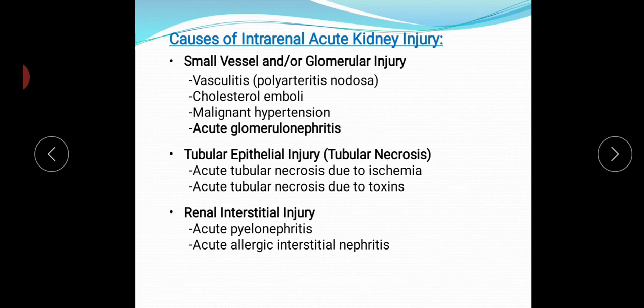The antibody and the antigen will react and form clots that will block the blood supply to the kidney and affect the glomeruli. In that way the glomeruli will be damaged and may become non-functional, and that will cause renal failure. There are various other causes highlighted here that you can see.